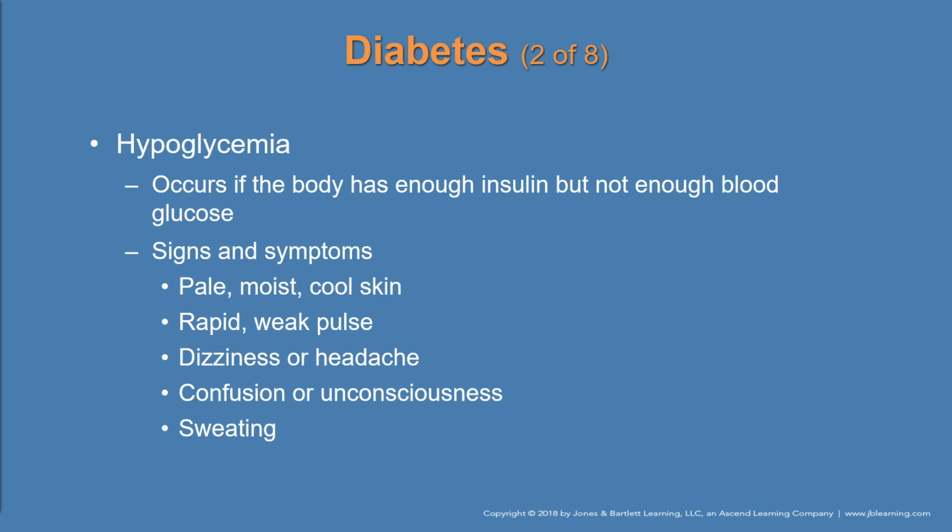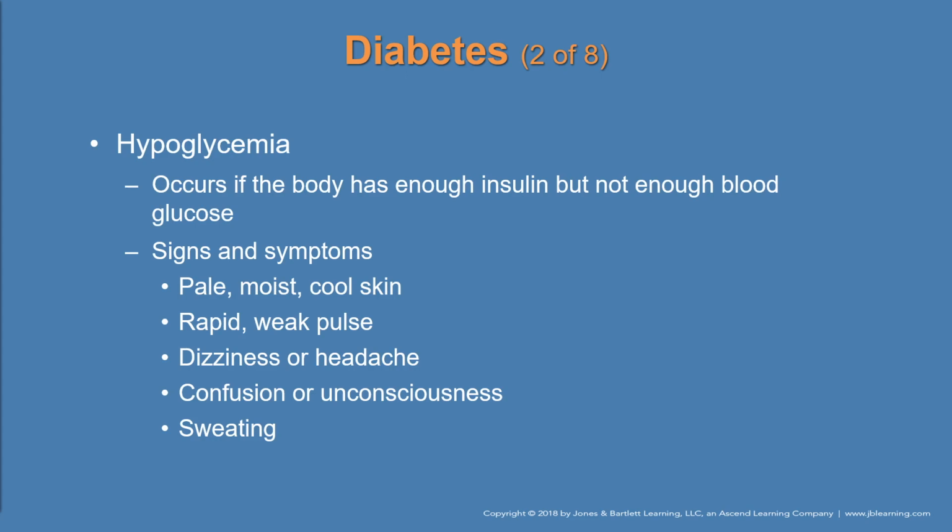Hypoglycemia occurs when there's not enough glucose in the blood in order to feed the cells, right?